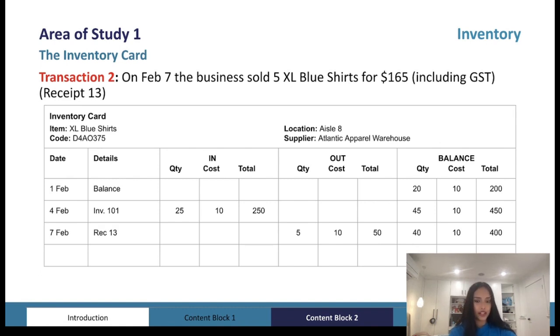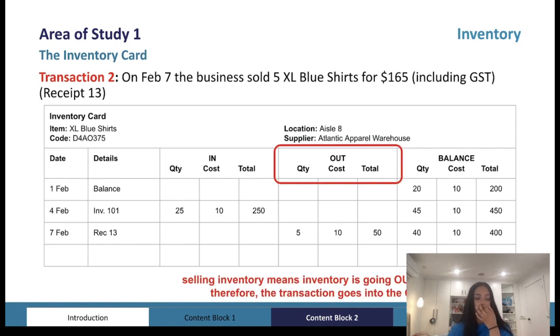And this is what that entry looks like. So the transaction date, 7th of Feb, is written under date, and under details is receipt 13 that verifies the transaction. The transaction has been entered into the out column of the card because sales of inventory involve inventory leaving the business or inventory going out of the business.